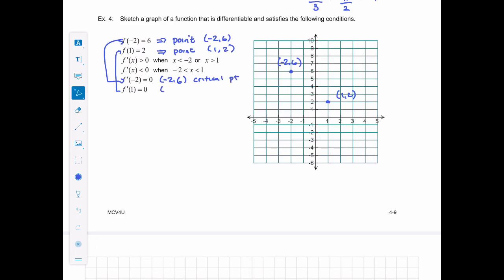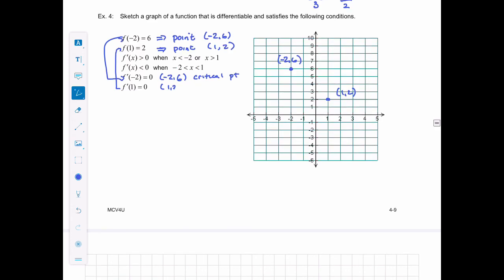And we have f prime of 1 equals 0, and (1, 2) is another critical point. It tells me the slope is 0. Okay, so really what it means is technically we have to do some more work, right? We may have vertical tangents at those points.